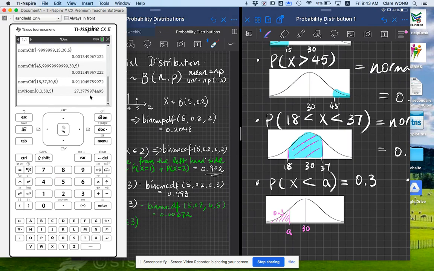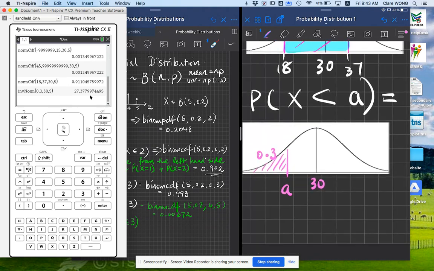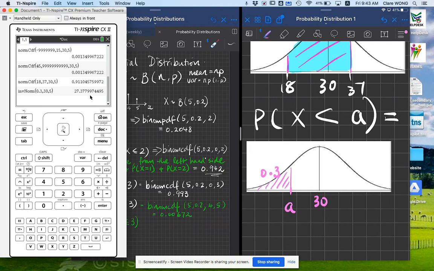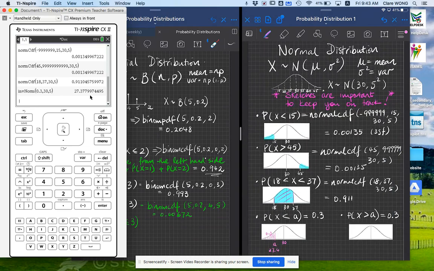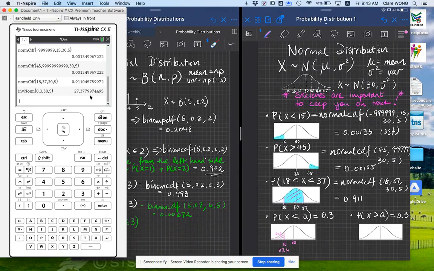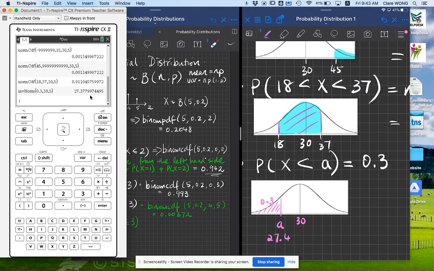So it gives you 27.37799, meaning a is to 3 significant figures 27.4. So we can write down this inverse norm 0.3, 30.